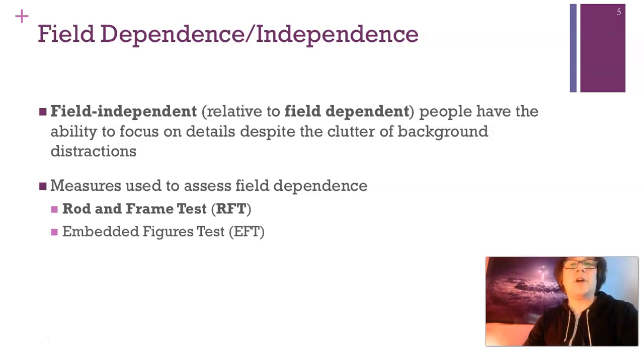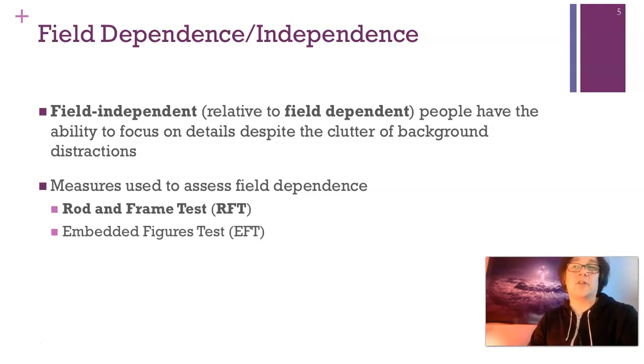So when it comes to field dependence or field independence, field independent people tend to have the ability to focus on details despite the clutter of background distractions. Field dependent people would have a more difficult time doing this because, as the name suggests, they are field dependent.